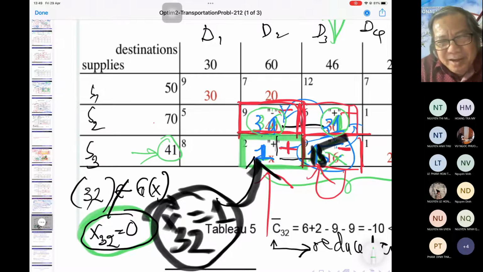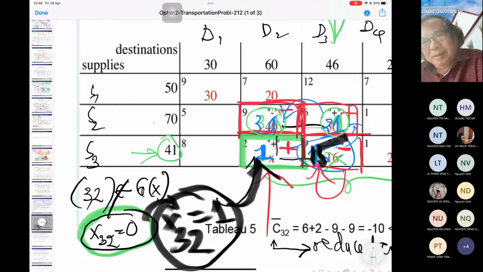But my question is, what is the feasible solution now? Okay, you change like this, then what is changing following the change of the flow? What quantity do we change?